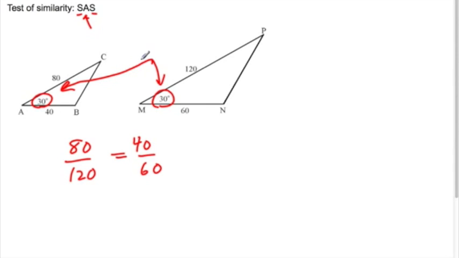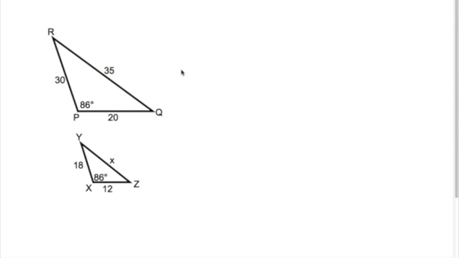So those are the different types of similarity. I have two similar triangles. What I want you to do is two things. One, show that triangle PQR is similar to triangle XYZ.